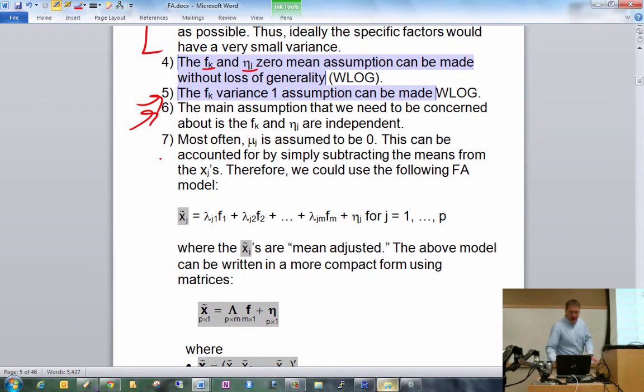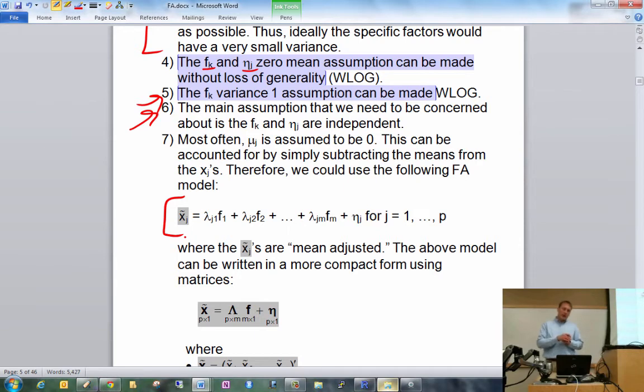Now, although I have presented this model in terms of the x's, and everything can be done in a factor analysis setting in terms of the x's, typically some changes are made to the model. It doesn't necessarily affect your analysis.